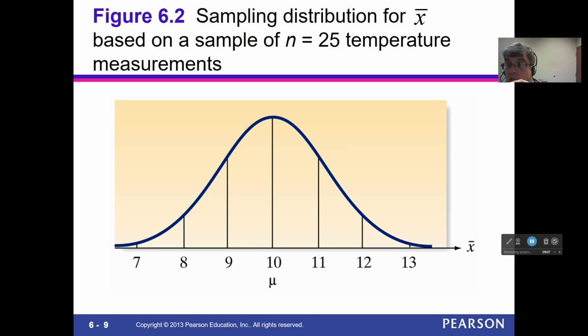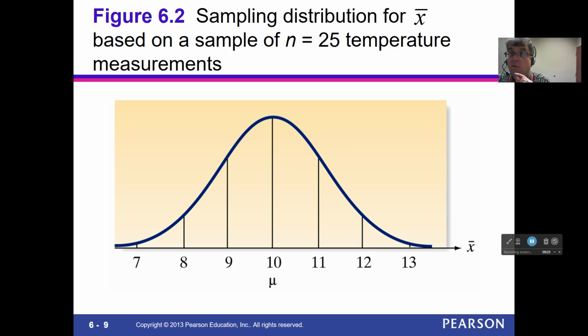And we're going to pick this level of confidence, say 95%, and that'll give us a range, maybe between 8 and 12. So if we take the sample and it comes out between, say, 8 and 12, that's a pretty good indication that it could be 10. We can't throw 10 out.